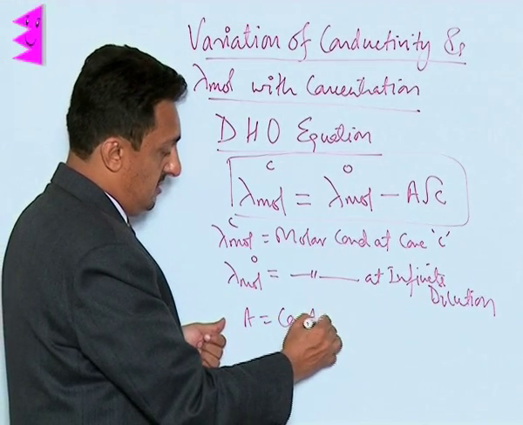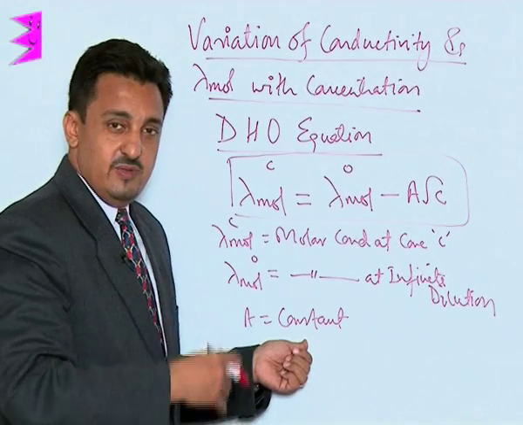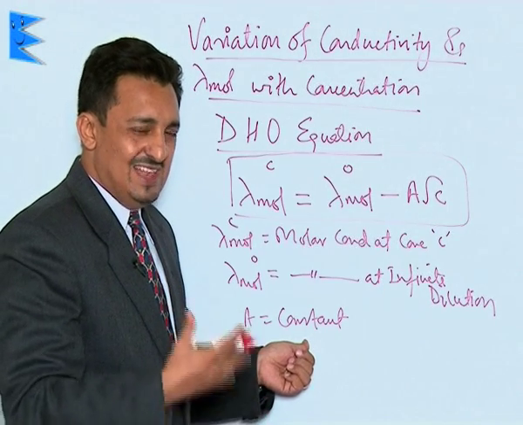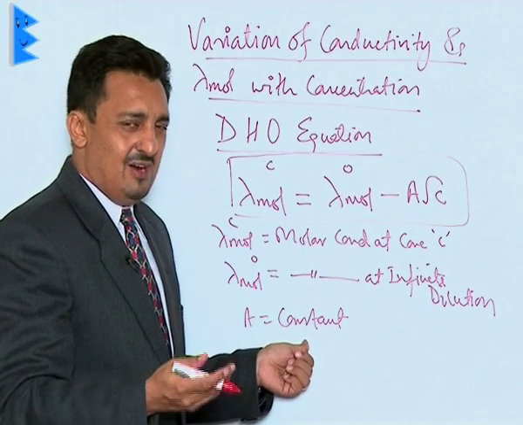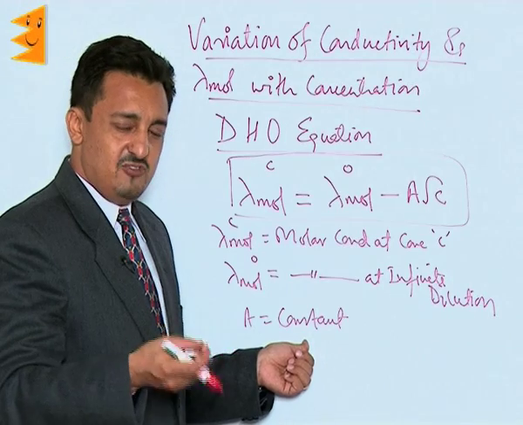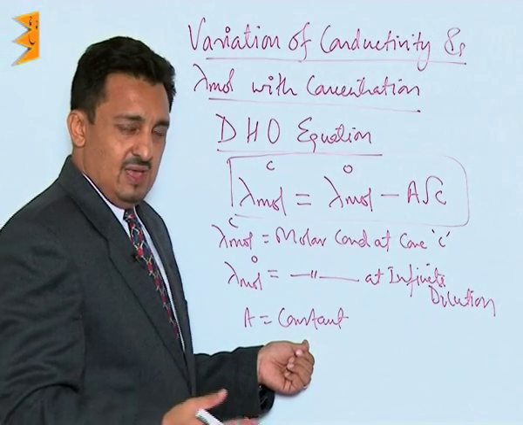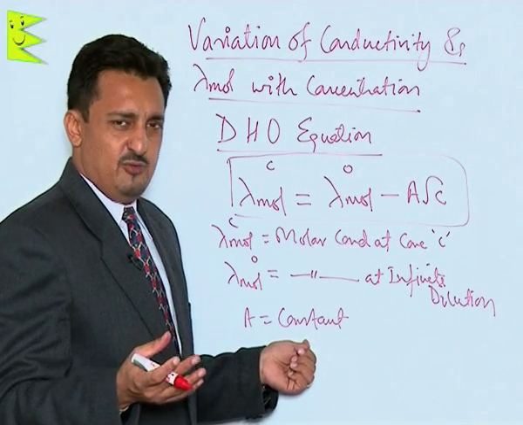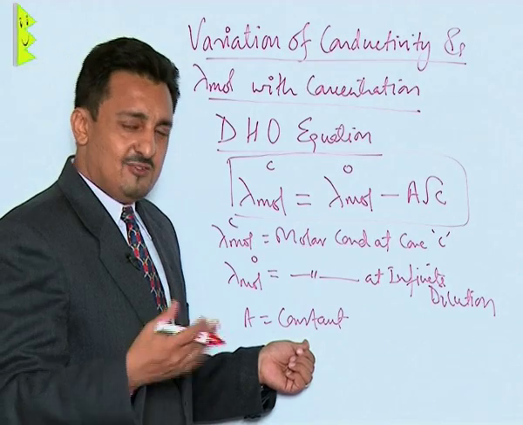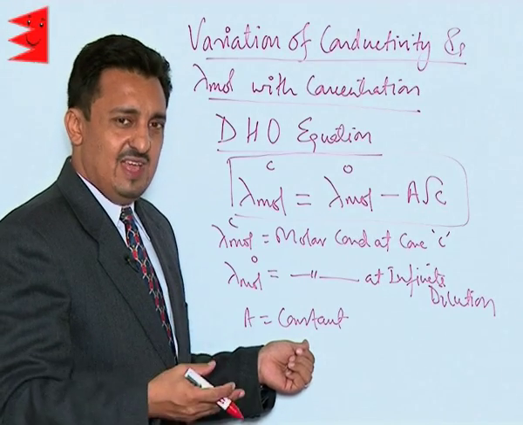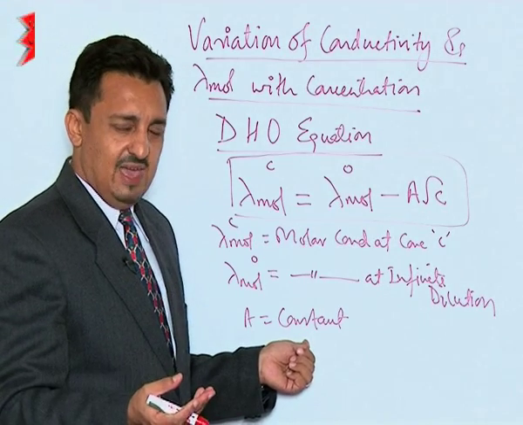A is a constant which depends on the nature of the electrolyte, basically on the charges of the ions which they give out. And remember, the same type of electrolytes or salts will have the same type of value, the same A value.